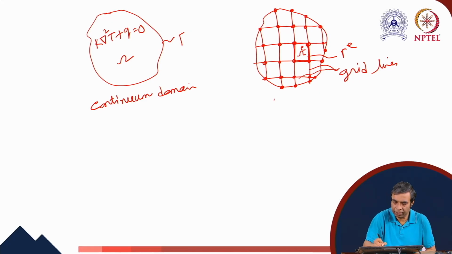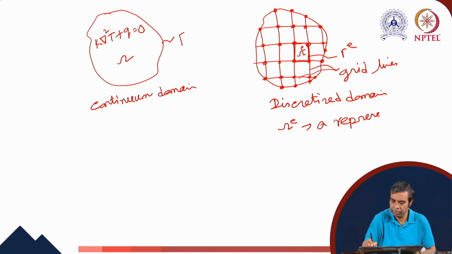So this is the discretized domain, and this is a representative finite element domain where e is a finite element.